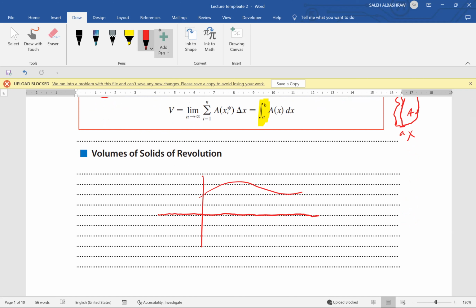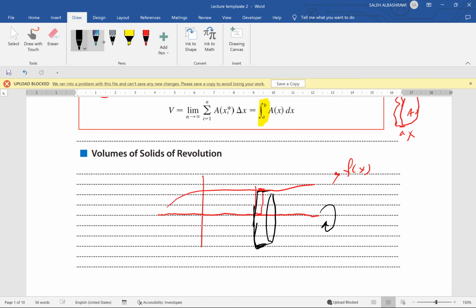For example, if I have this function, f of x, and we take a typical rectangle there, now if we rotate it about the x-axis, we will have a cylinder.